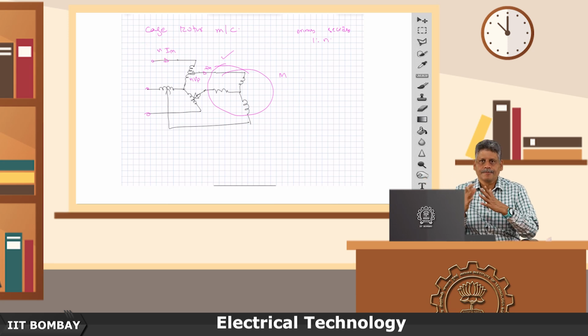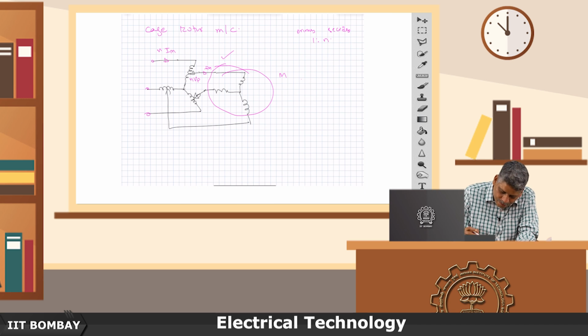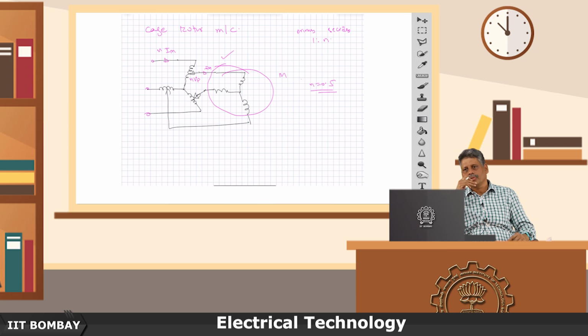This is the way I have drawn it, and my n here is half the value, so I have taken n as 0.5.